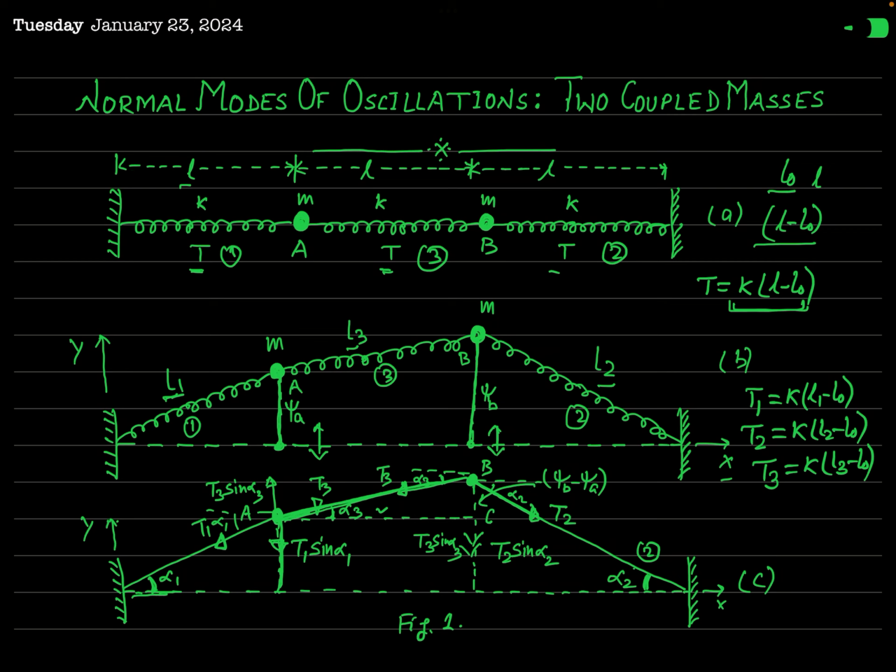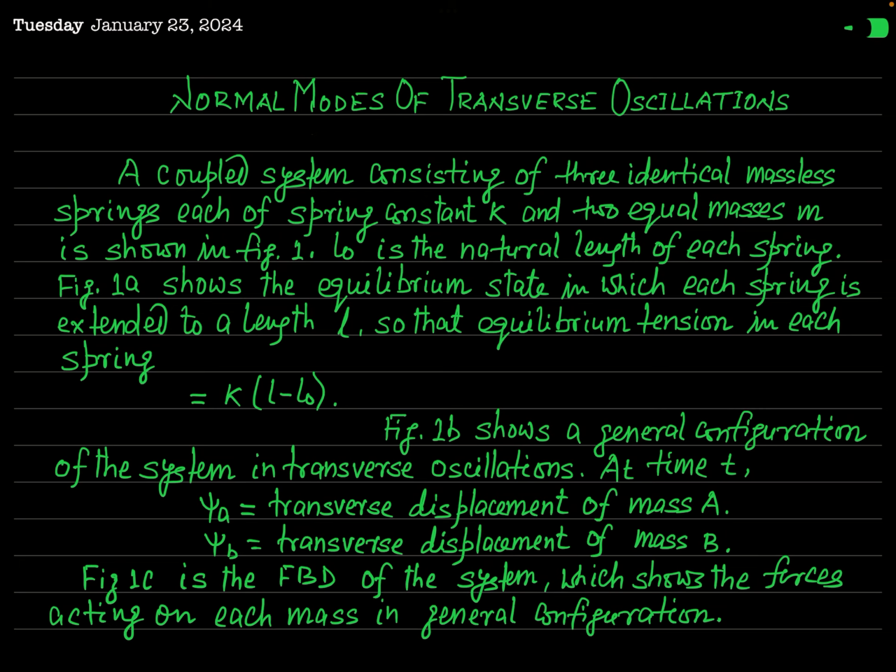So let us see the free body diagram, and we have to see what will be the forces acting on mass A in downward direction. Actually, for your convenience, what I have explained just now, I have written here in very detail. So you are advised to note down these things in your notebook, and that will be very helpful to you in your examination.